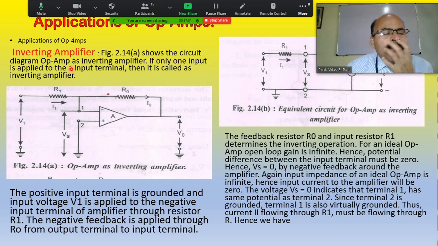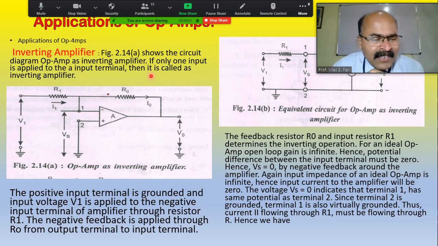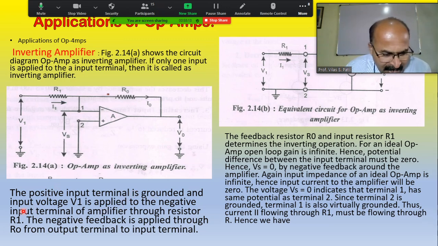It means that the non-inverting input is connected to ground, and the only input is given to the inverting input terminal, and the output will be fed back. The positive input terminal is grounded and input voltage is V1.